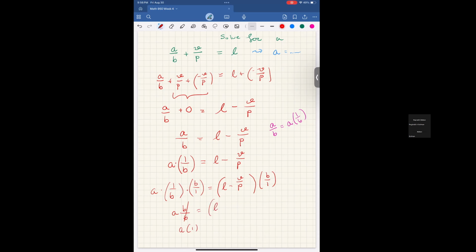And then you have all of this equal to L minus V over P times B, basically. So my A is equal to L minus V over P times B. That's all we do.